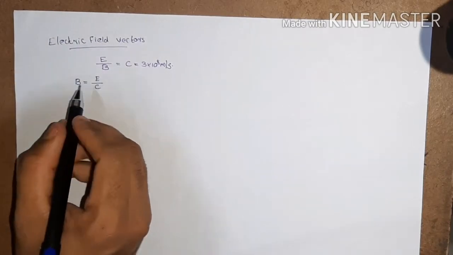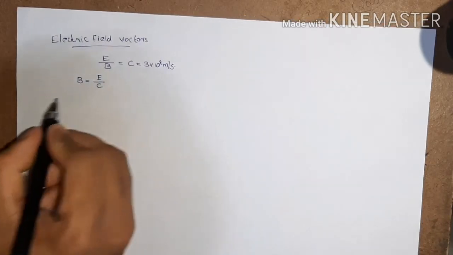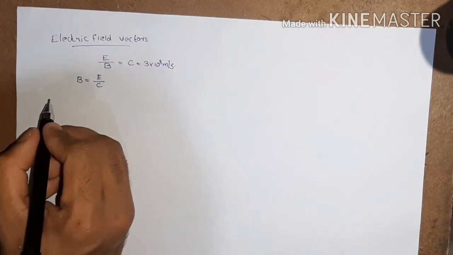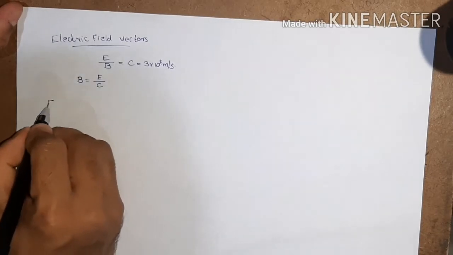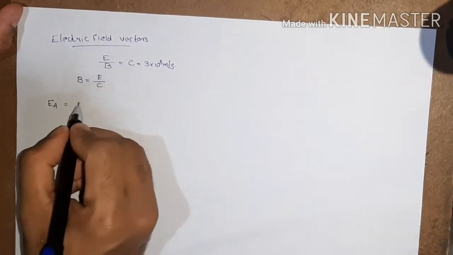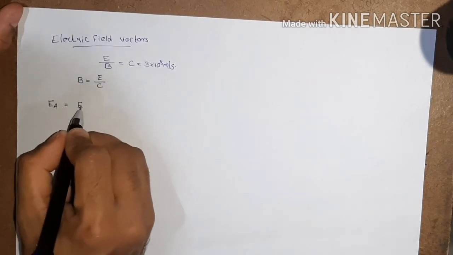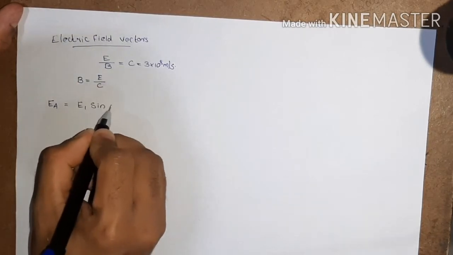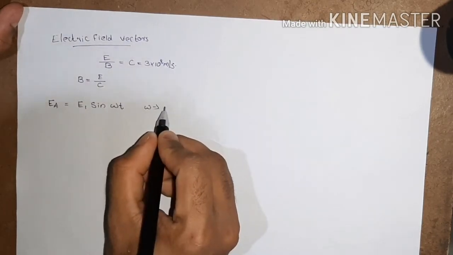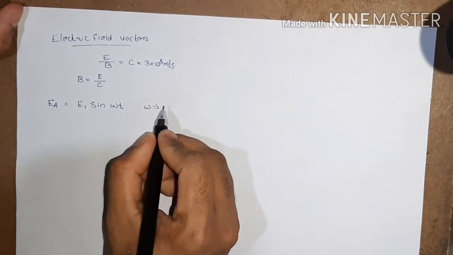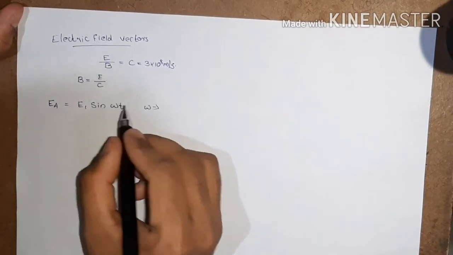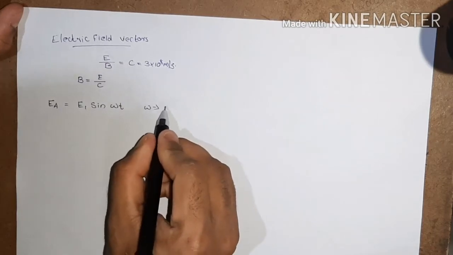So, on discussing the interference pattern, let us consider two waves that are superposing. Let the electric field vector of the first wave be Ea, which is equal to E1 sine omega t, where omega is the angular frequency, omega is equal to 2 pi n, where n is the frequency, and this wave is sinusoidally varying and time dependent.